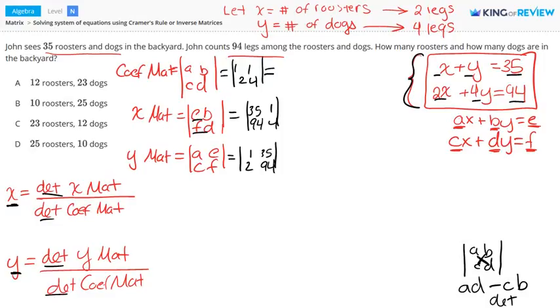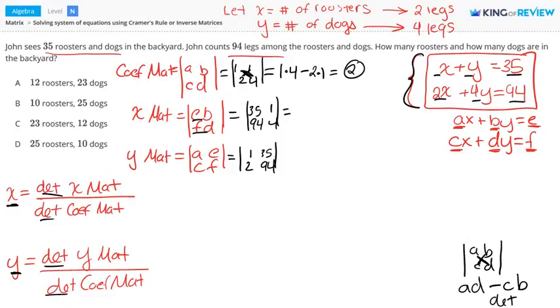Let's find the determinant of our coefficient matrix. Well, we have the product of the main diagonal, 1 times 4. And then we're going to subtract the product of the other diagonal, 2 times 1. So 1 times 4 minus 2 times 1, this gives us 2. Now let's look at the x matrix.